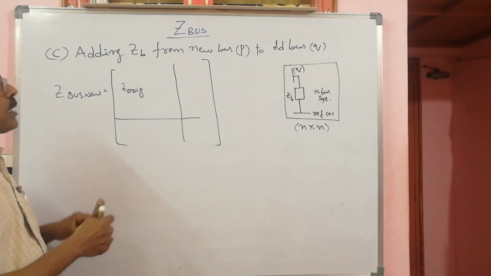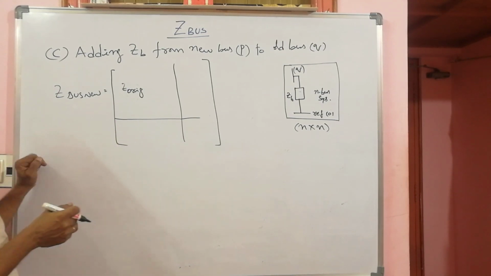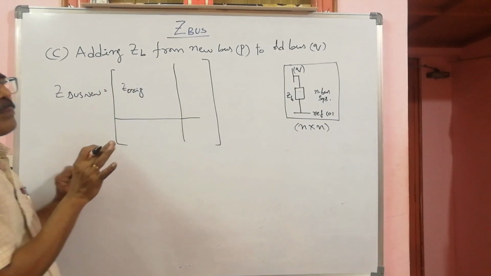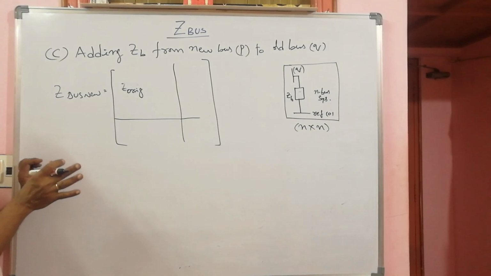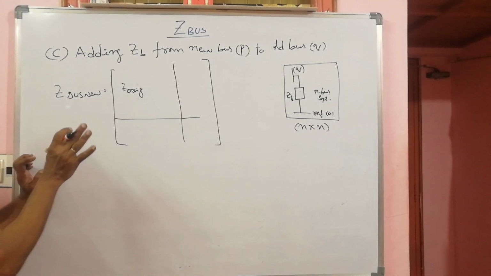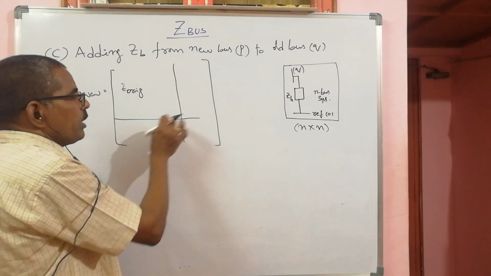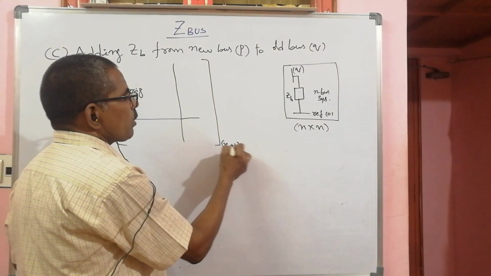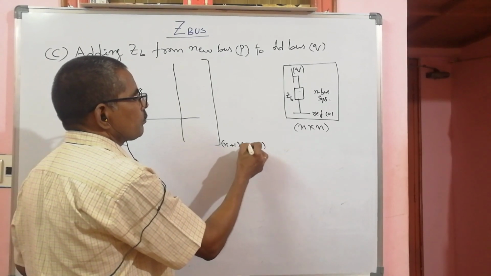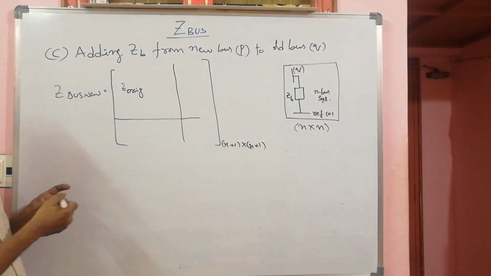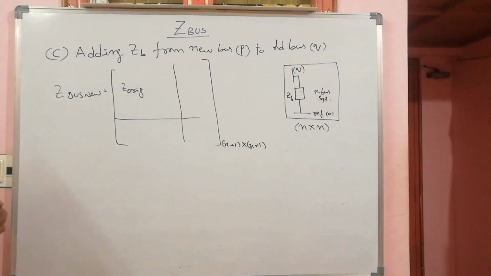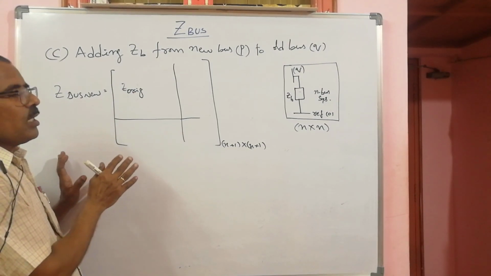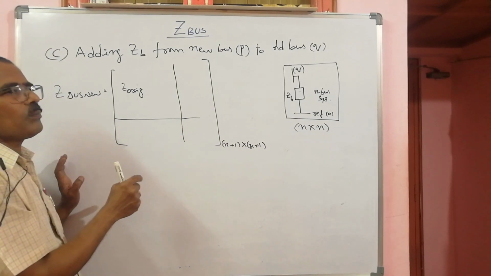So what the method or procedure suggests is, it is similar to case B. Okay, similar to case B. That means temporarily we assume it is going to be n plus 1 by n plus 1, but the dimension again to be reduced by 1.